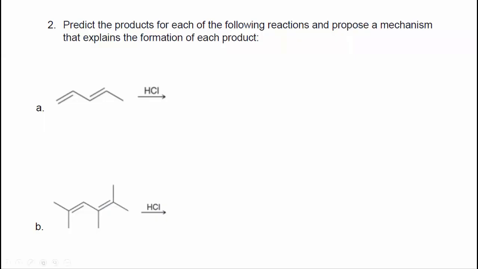And then we'll get the other product there. So this would be the 1,4. And then we had our 1,2 that was up here. All right, questions there?